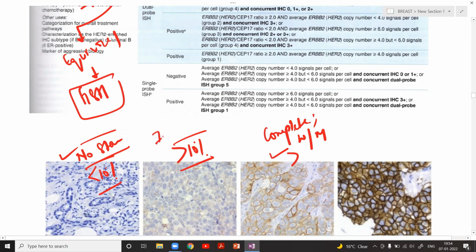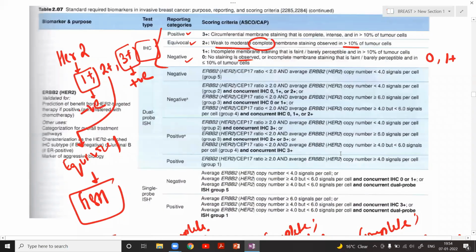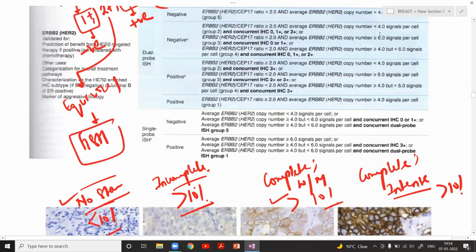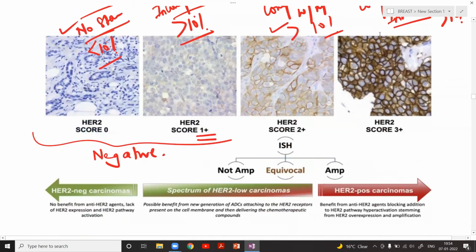Over here it was incomplete, and the score 3 is complete, but it should be intense staining in more than 10% of cells. This is your score 3: circumferential membrane staining that is complete, intense, and present in more than 10% of the tumor cells.